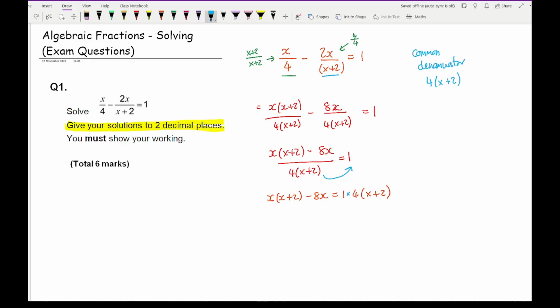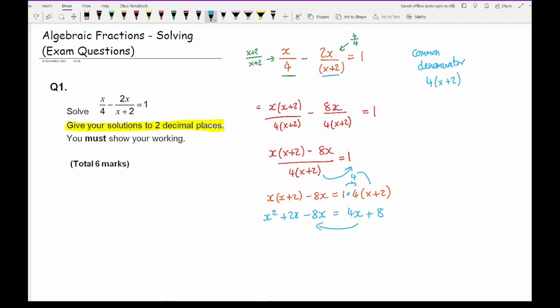If I expand the left hand side I get x squared plus 2x minus 8x equals 1 times 4 is 4, so then this all becomes 4. So 4 times x is 4x plus 4 times 2, which is 8. So now you can see how my quadratic equation is forming.